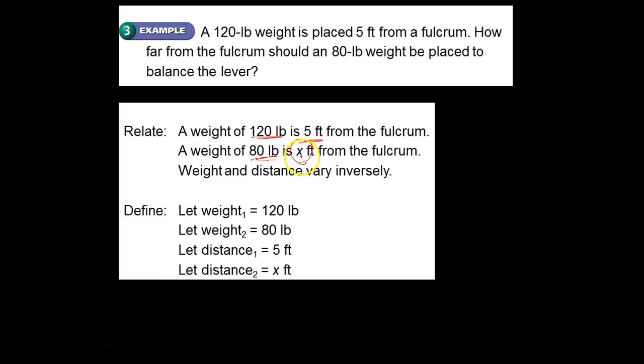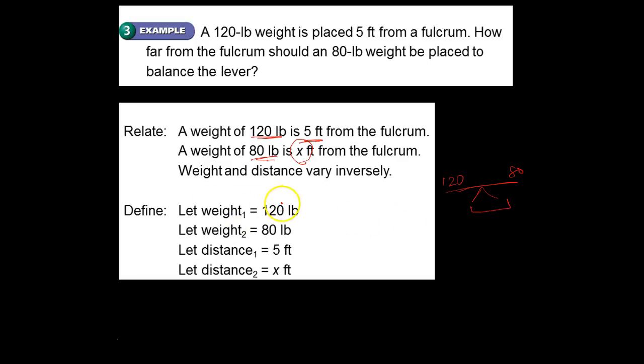We're trying to figure out where to place this 80 pounds. We're trying to keep this balanced, so we need to know where we should place this to keep 120 and 80 pounds balanced.